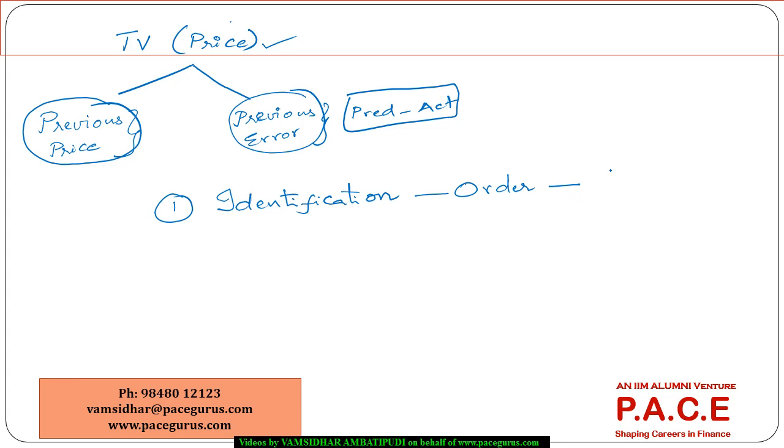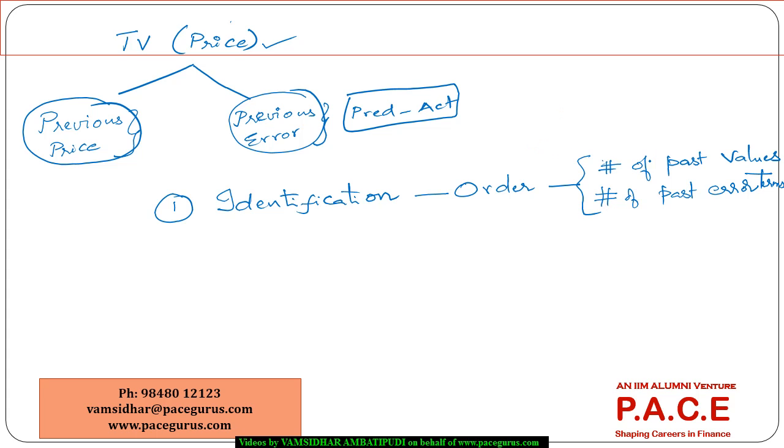So I have to find out the number of past values on which the current value depends, and also the number of past error terms the current value depends upon. This is the model identification process.